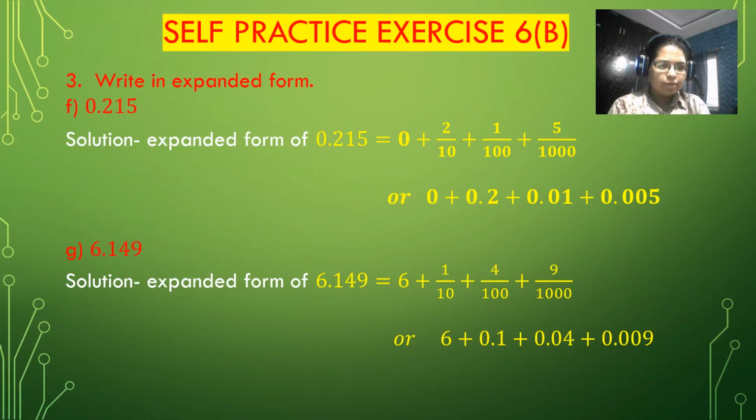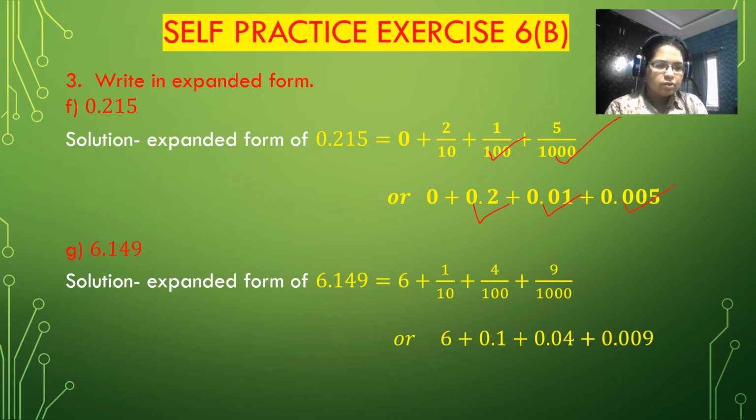Now F bit, 0.215. The expanded form of 0.215 is 0 plus 0.2 is 2 divided by 10, 0.01 is 1 divided by 100, and 0.005 is 5 divided by 1000. Or we can write 0 plus 2 divided by 10 is 0.2, 1 divided by 100 is 0.01, and 5 divided by 1000 is 0.005.